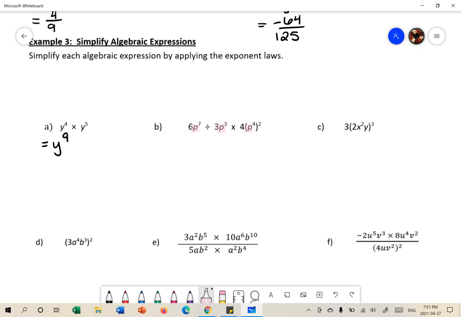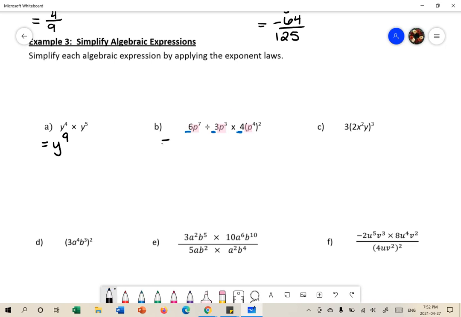Now, all of these bases have a coefficient in front of them. The first one is 6, the next one is 3, the next one is 4. We're just going to either divide or multiply the coefficients together according to what the operation is, but the bases are still the same. We're still going to use the exponent laws towards those bases and its exponents.